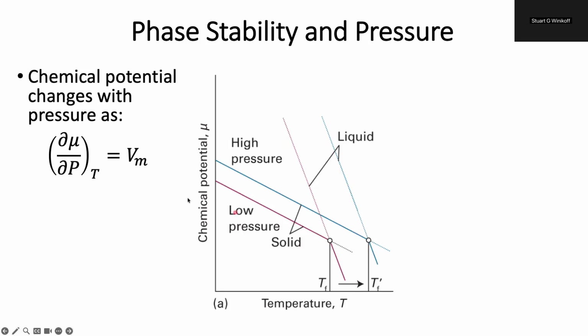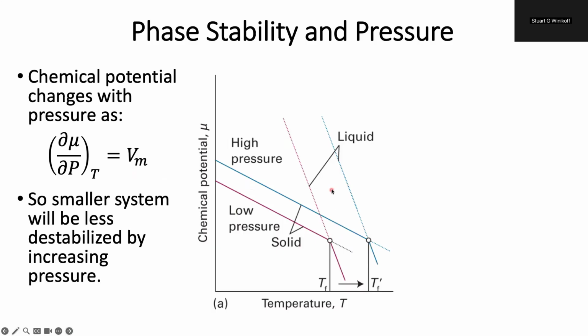But the real issue here is who's going to shift more. The lower the molar volume, so the more dense the substance, the lower the shift. And this is going to be true for most substances, that the solid is going to be more dense than the liquid. So the liquid tends to shift more and will be more destabilized by this increasing pressure than the more dense solid.